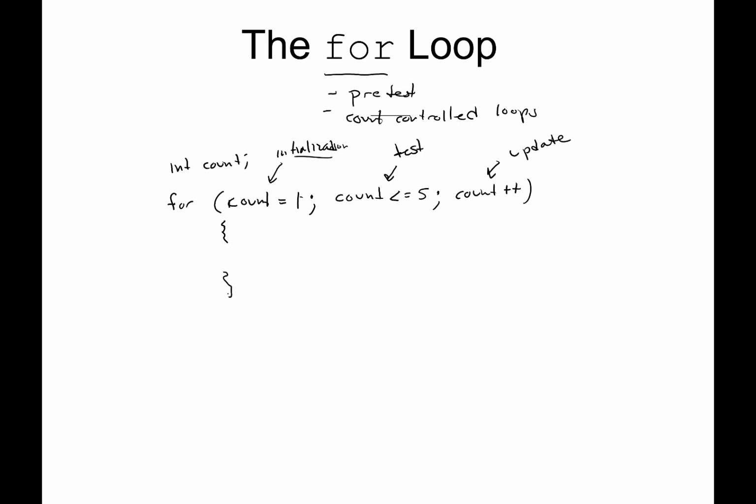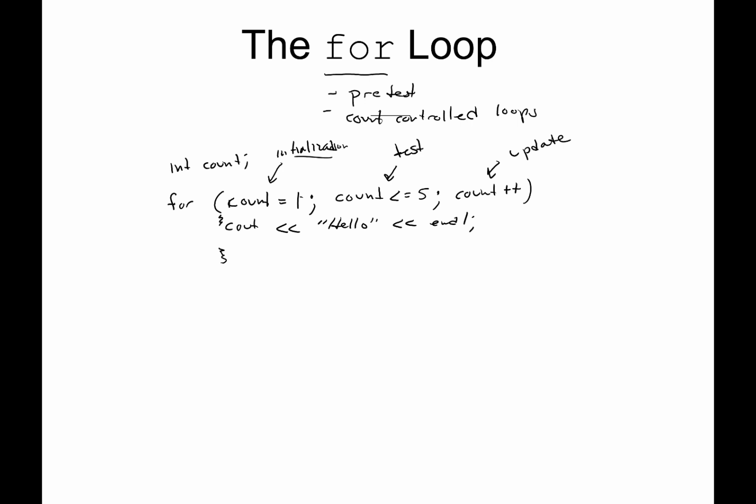If we only have one line of code, we don't need curly braces. We can just put the one line right after the for, without the curly braces. So let's just say we're printing out hello, and then end line. If you want more than one line, you need curly braces around your block of code.